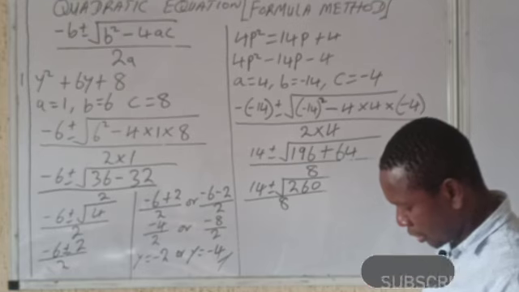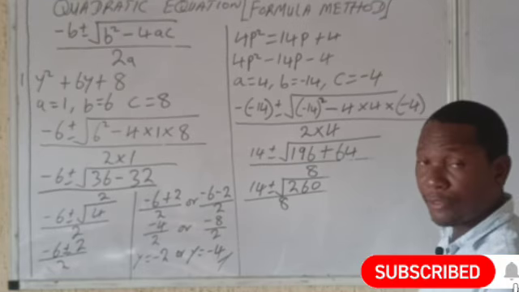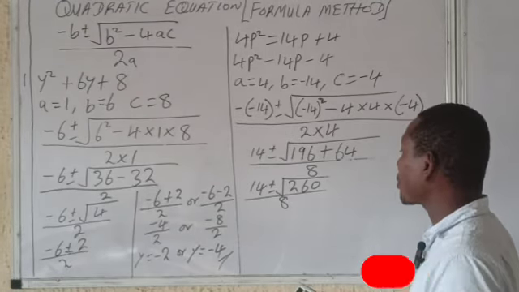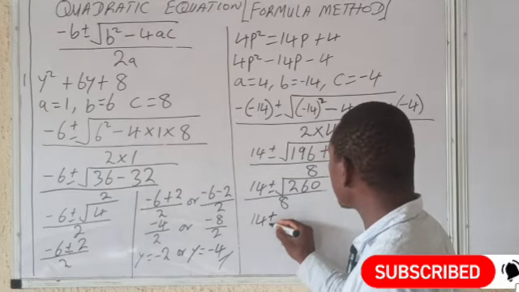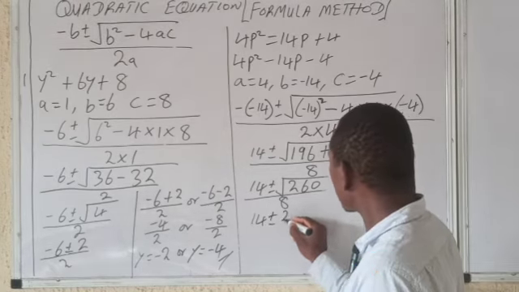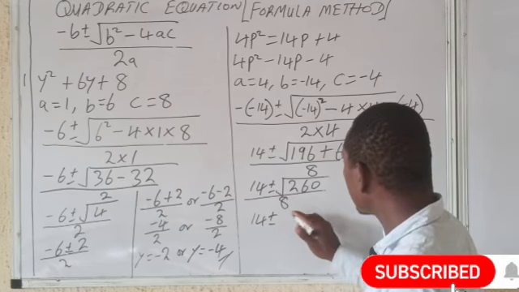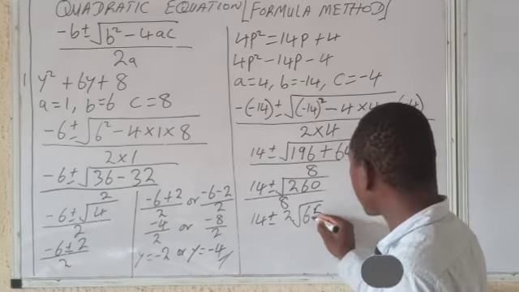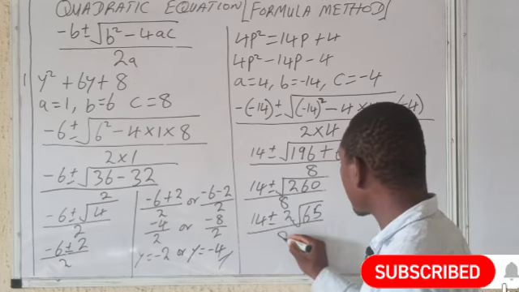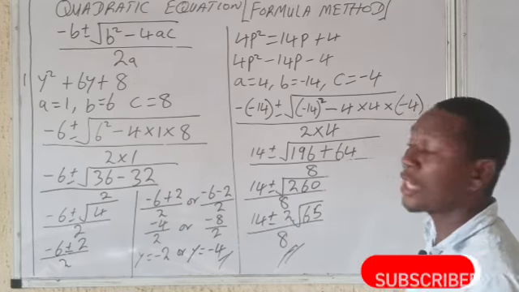The answer will actually be in solid form. So you now have 14 plus minus 2 root 65 all over 8. Your calculator will give you your answer straight up.